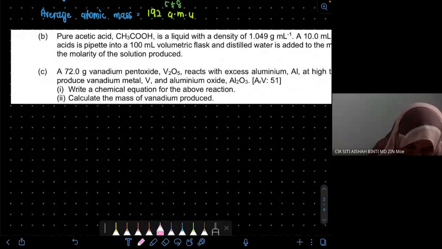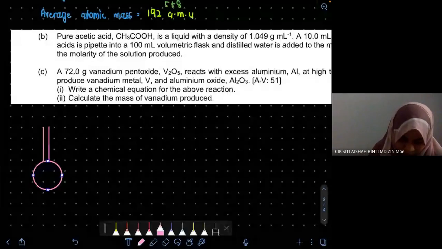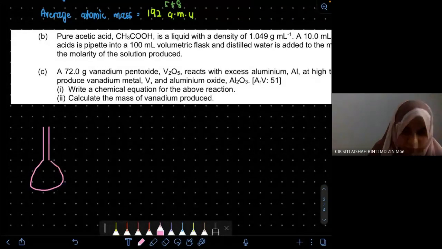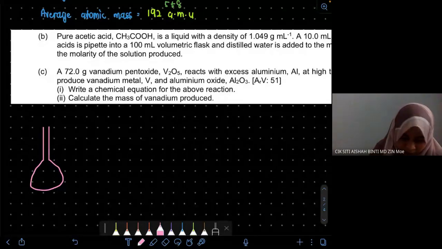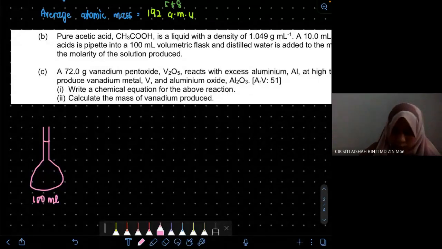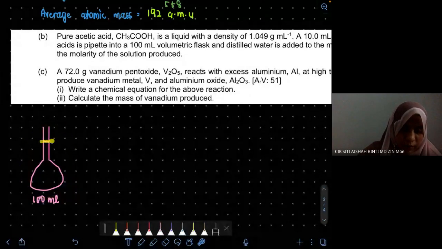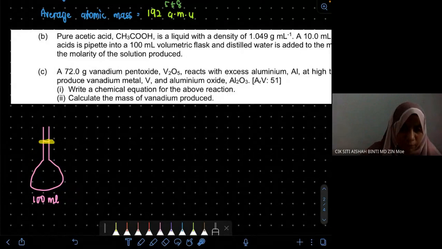This is a 100 ml volumetric flask. It has a mark here. It's not that the whole flask is 100 ml; until this specific mark is 100 ml.